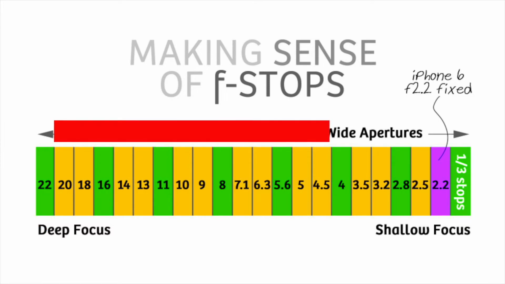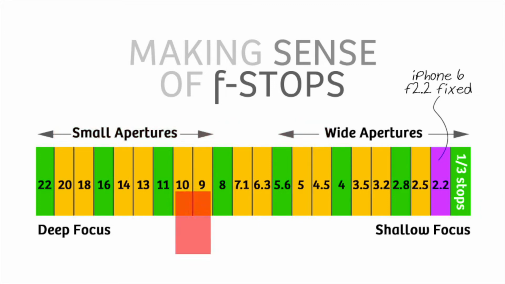Uh-oh. It's not even. So if I go 1, 2 stops, 1, 2 stops, I'm somewhere in between here, right? I'm somewhere in between here, but my camera doesn't do that. So you can decide whether you want to do 9 or 10. You can decide.